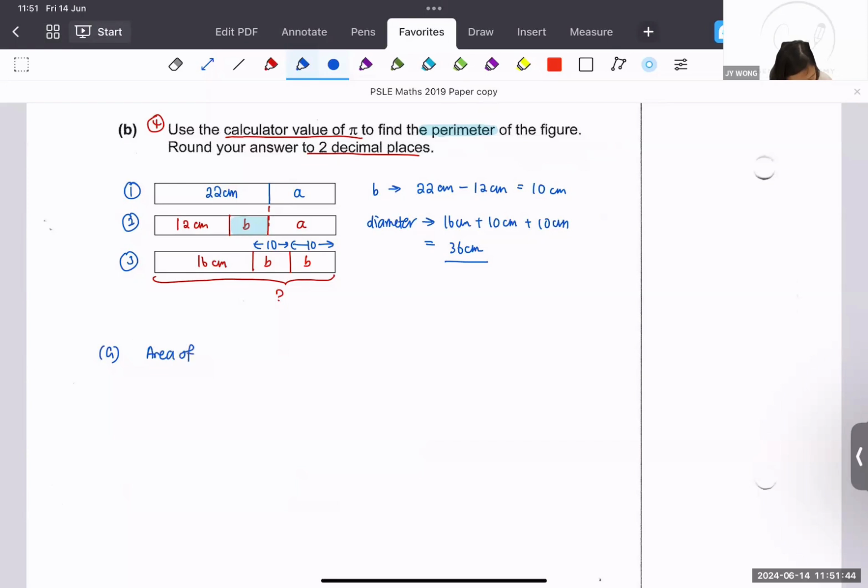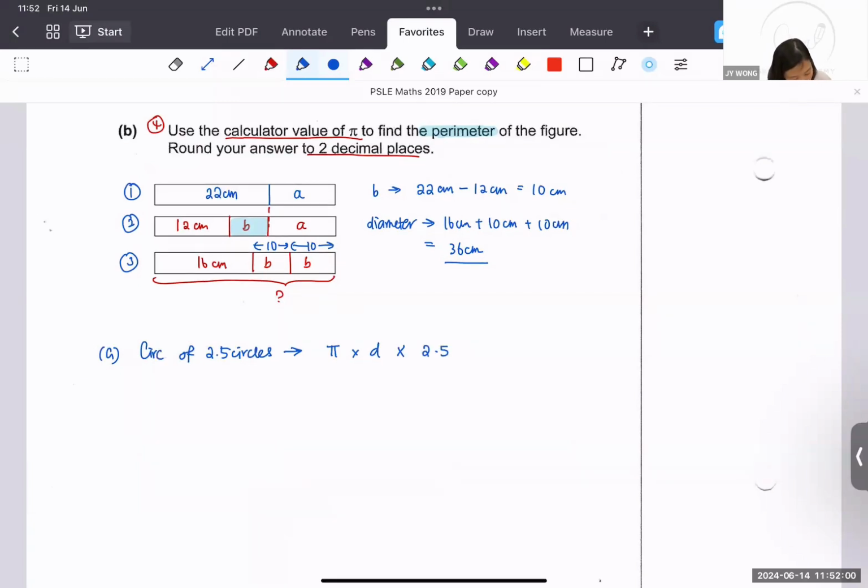Circumference of 2.5 circles. So pi, is it area? Sorry, circumference. Pi times d, and you must times 2.5 circles, because this is 1 circle, then you times 2.5. So pi will be calculator pi.